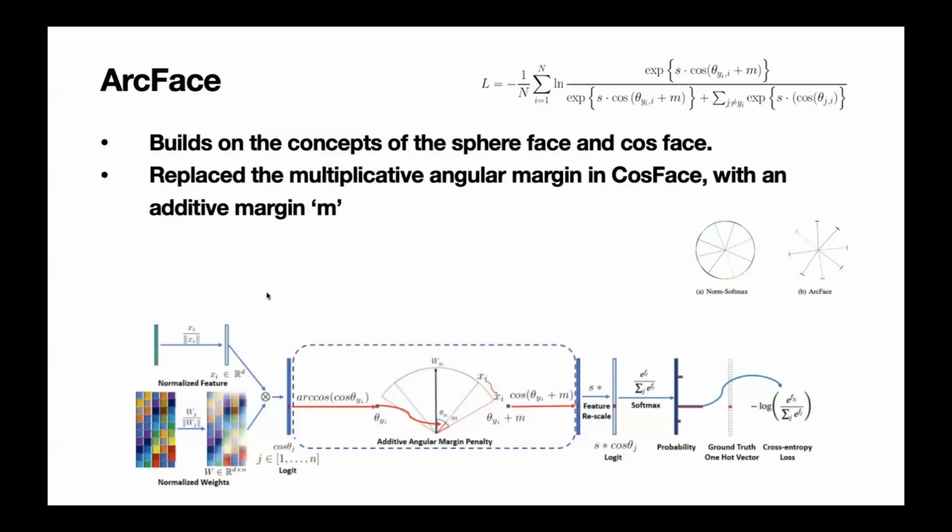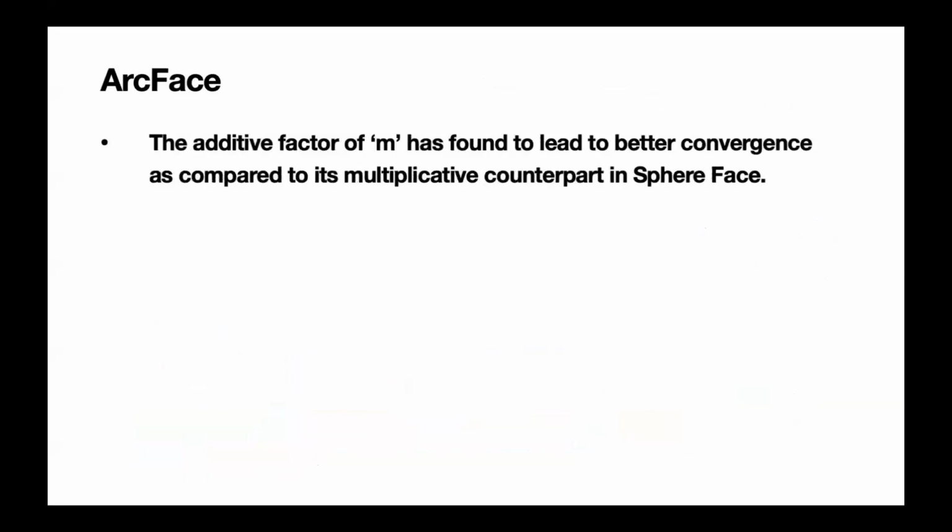These are all different experimentations in these different losses, and you might want to experiment with either of them. The additive factor was found to be better converging than SphereFace, which is the multiplicative counterpart. But depending on your case, either could work better. So you could look at any of these losses.